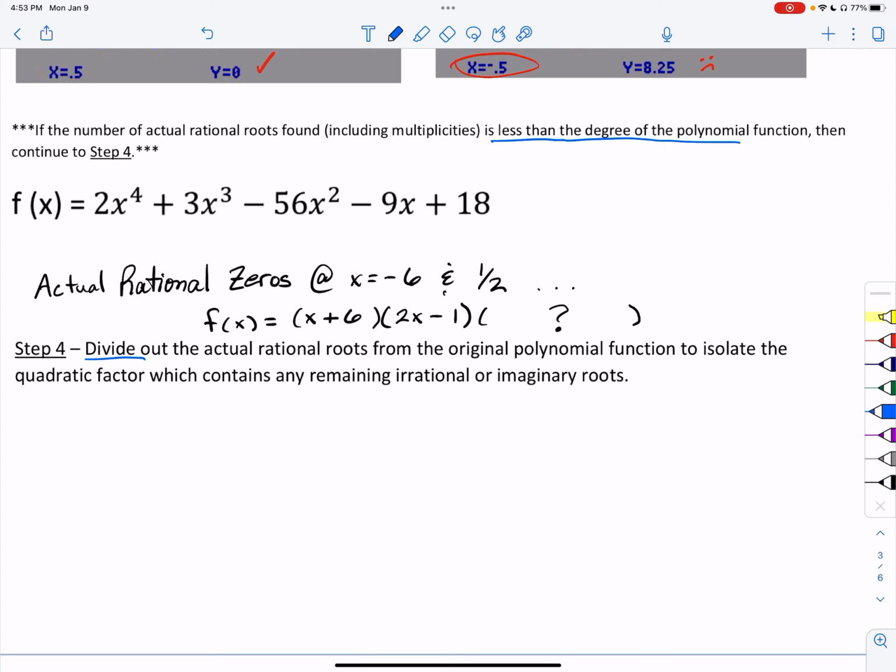Keep in mind that if we have the actual rational zeros, then we could start building factors from those zeros. So just to give you a bird's eye view, we're looking for the chunk of this quartic polynomial. In fact, it's a quadratic chunk that we'll isolate using division.